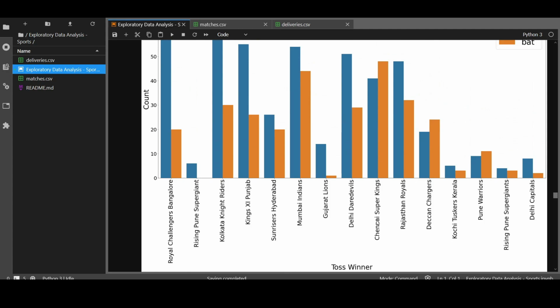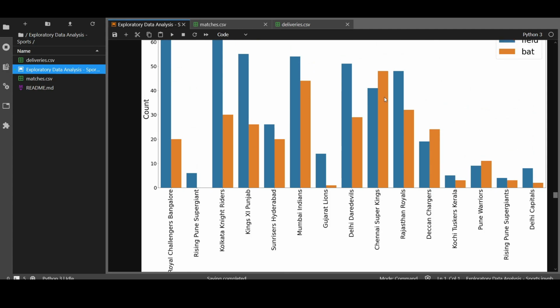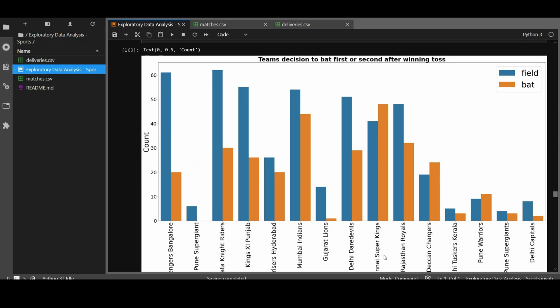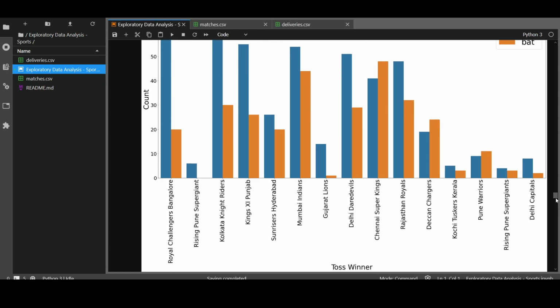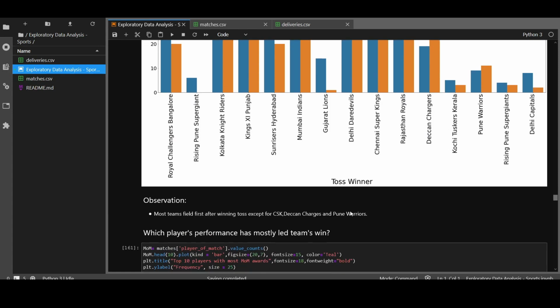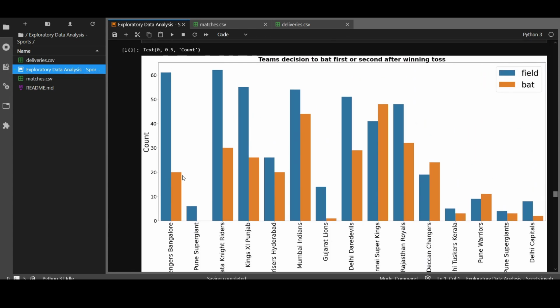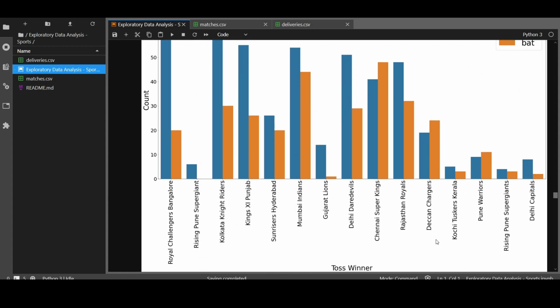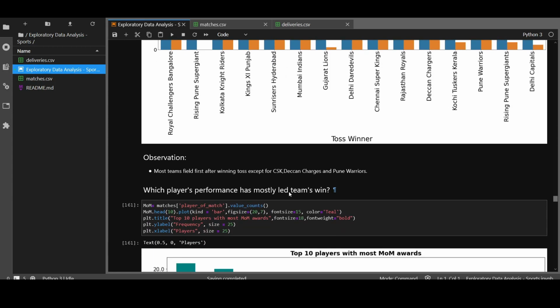So CSK here batting first, Deccan Chargers here batting first, and Pune Warriors here. See, the orange is greater than blue. Orange is bat and blue is fielding. So this is the observation.